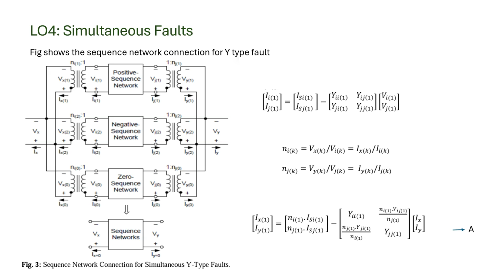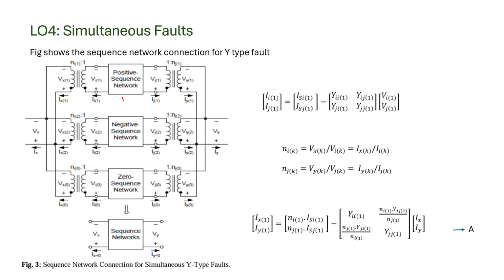Now why we are using Y parameters here, two port in terms of Y parameters, because now sequence networks are connected in parallel, and we have seen in the previous class that when the networks are connected in parallel, then we can combine the Y parameters, or we can get the Y parameters of the equivalent circuit using Y parameter terms. So now this is the network, it is shown here. Let us understand what this indicates.